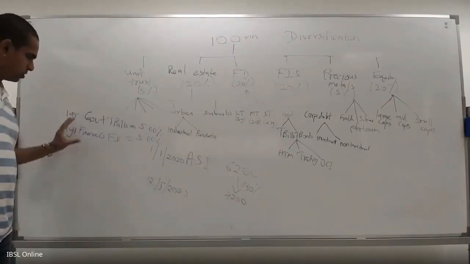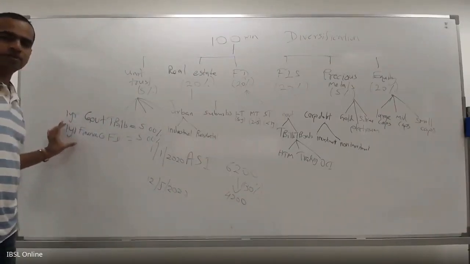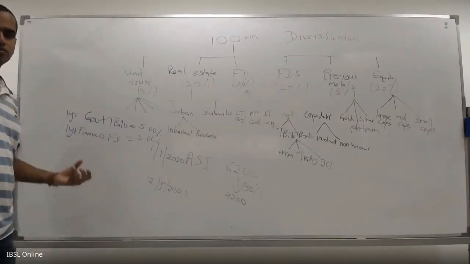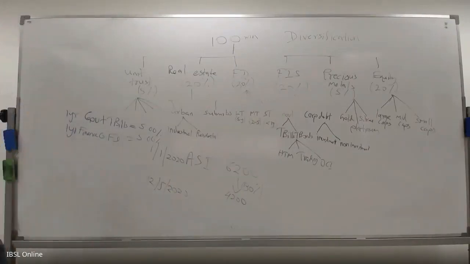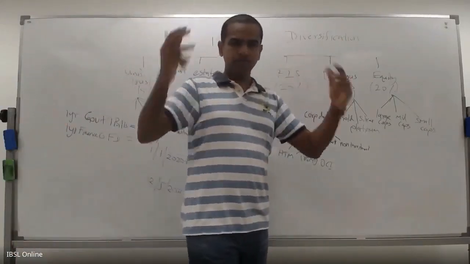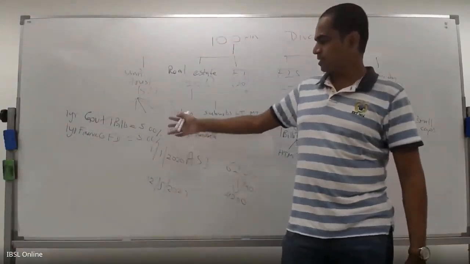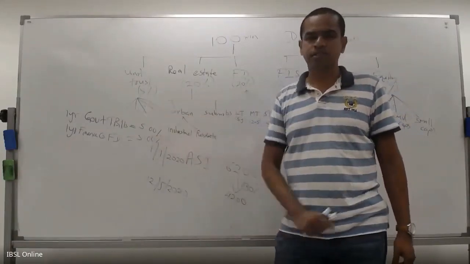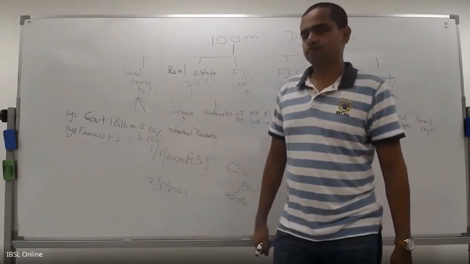You don't invest in the investment which offers a higher risk. That is what a rational investor would do. If you are in sound mind, you will invest for a given return in the minimum risk, right?